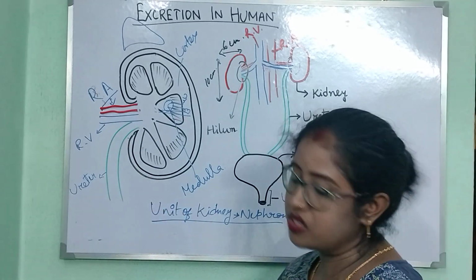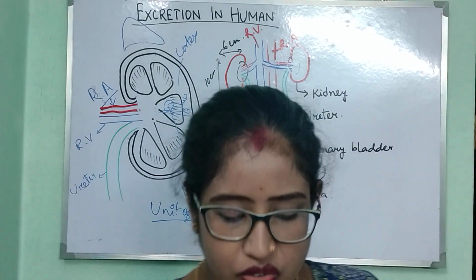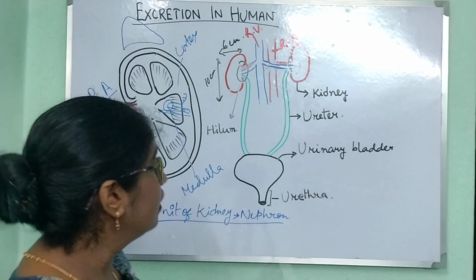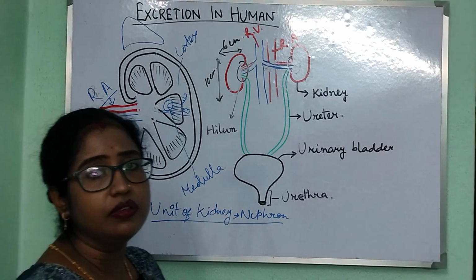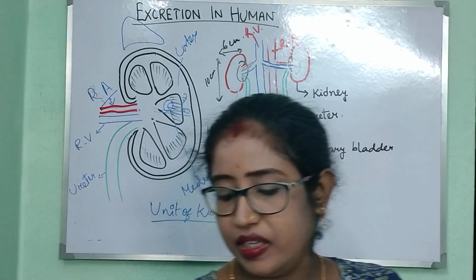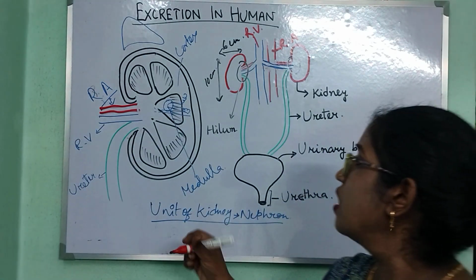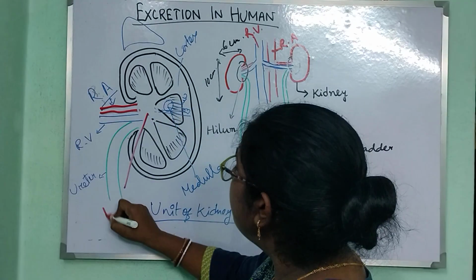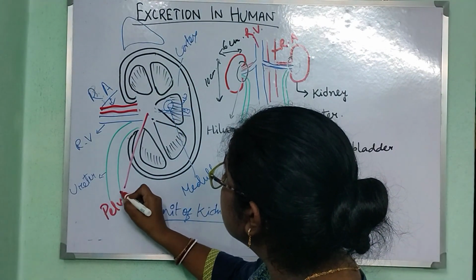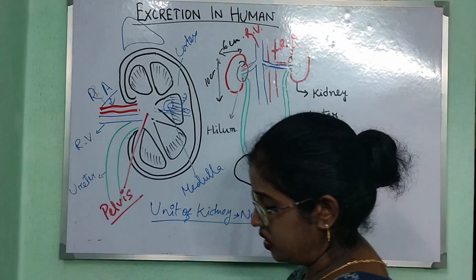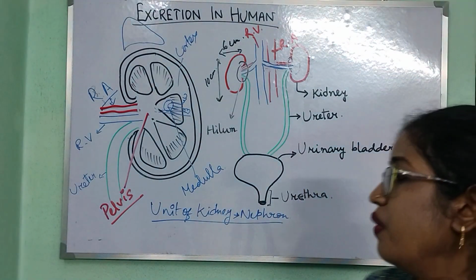This is the cup-like structure present in the medial portion of the kidney. This cup-like structure is known as the pelvis.